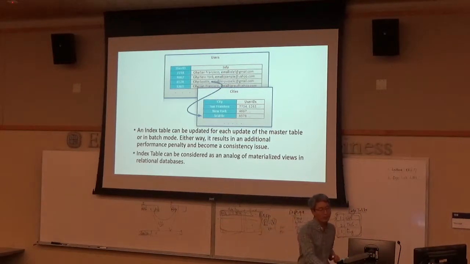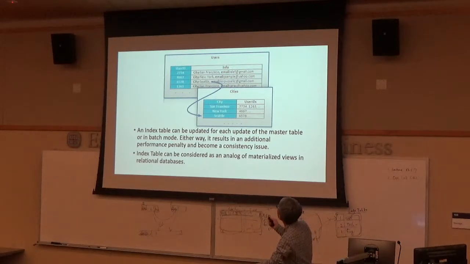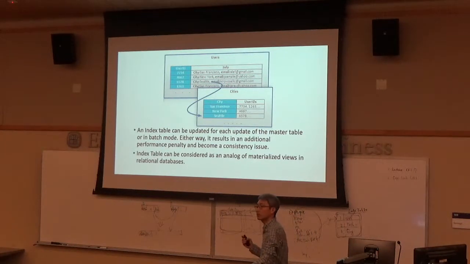For example, in this case, this is our user information data, the user ID and their information. But if we know the application usually searches by city name, which users are in a specific city, then we can model by following the application requirement.